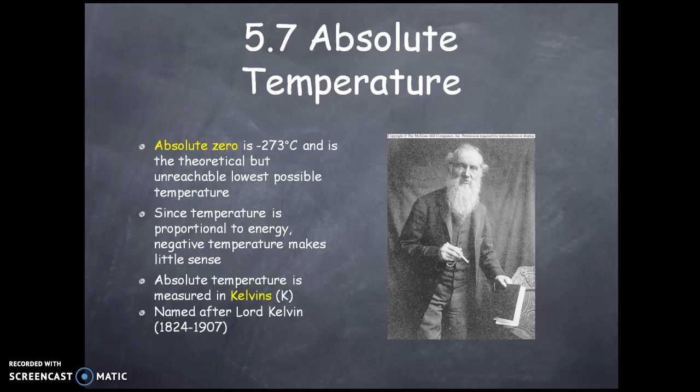Absolute zero is 0 degrees Kelvin, and it is the theoretical but unreachable lowest possible temperature. Since the temperature is proportional to energy, negative temperature makes sense. Absolute temperature is measured in Kelvin. It is named after Lord Kelvin, who lived from 1824 to 1907.